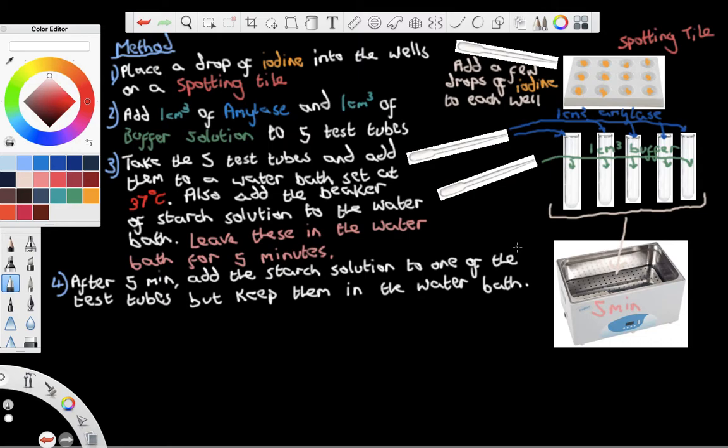You're then going to immediately take a pipette and add 1 drop of the contents of that test tube to a well in the spotting tile every 30 seconds. Now this is hard to visualize. I'm going to show you how to do that in a moment with pictures, okay?